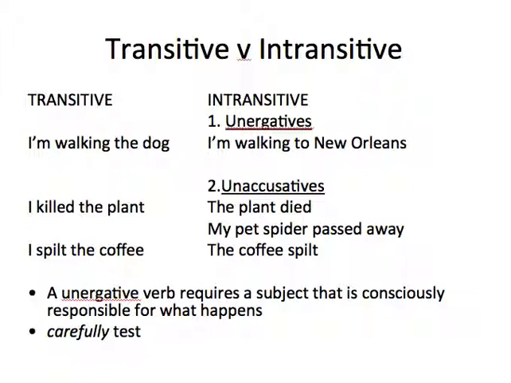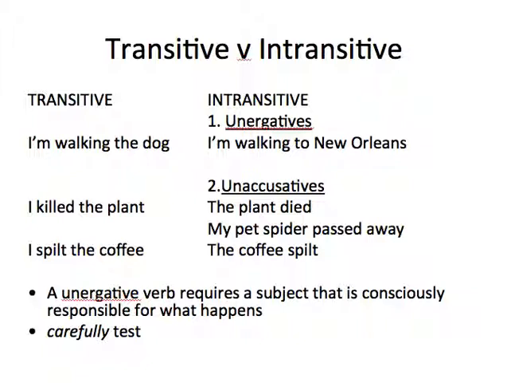These are all transitive verbs, and notice there's a couple of arguments there. Notice we can, with these verbs, look at them as intransitive. So I'm walking to New Orleans is an intransitive verb, and it's what we call an unergative. It's a fancy word, and there's a lot of verbs like that.